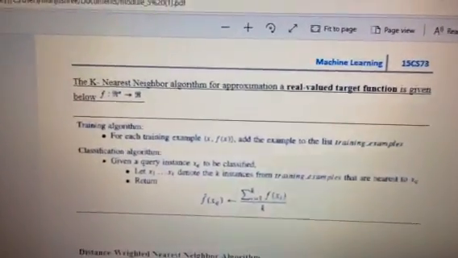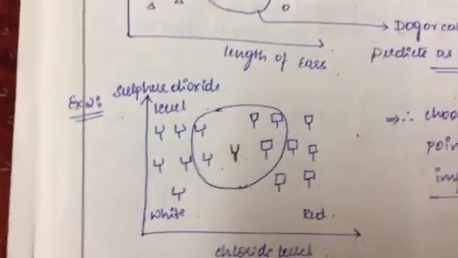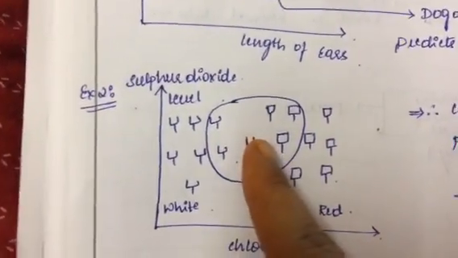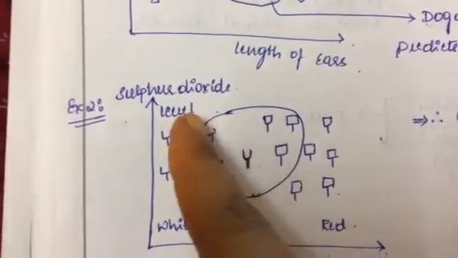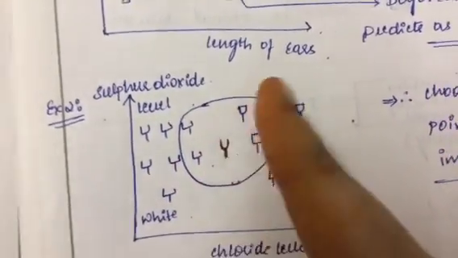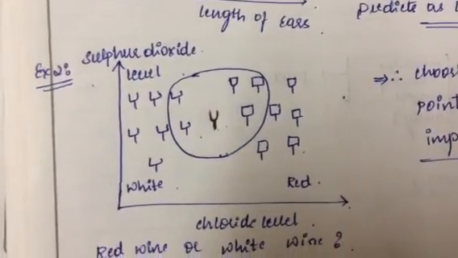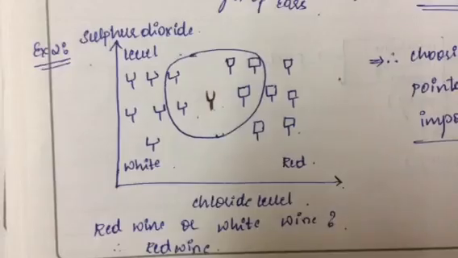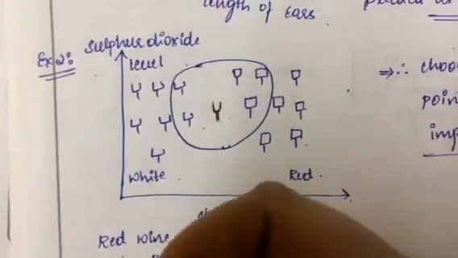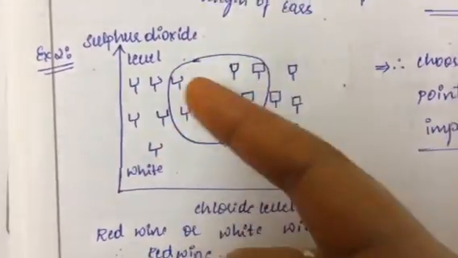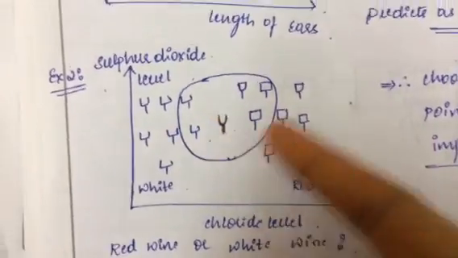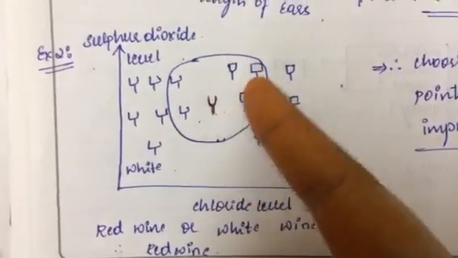I'll revise it again. Suppose this is an example I have considered and this is my query point. I am going to calculate the distance from all these points to the query point, and after calculating I am going to choose the k value. Suppose I want to choose the k value to be 3, 4, 5 depending upon the distances. Here I have taken the k value to be 5.